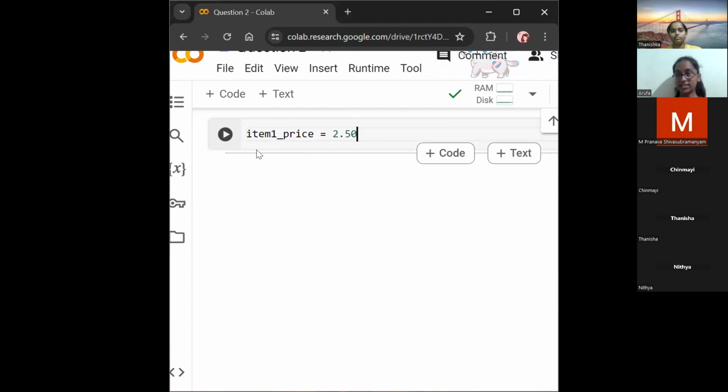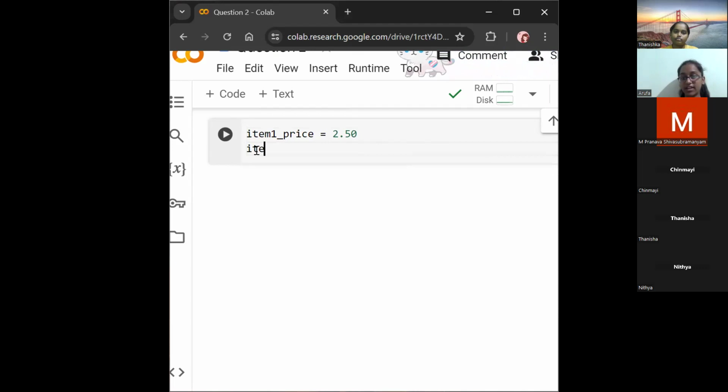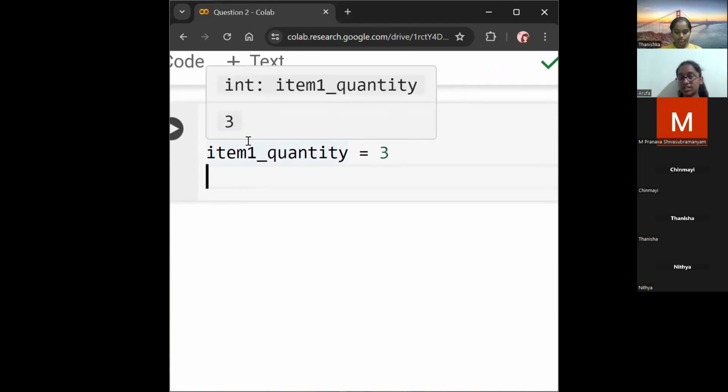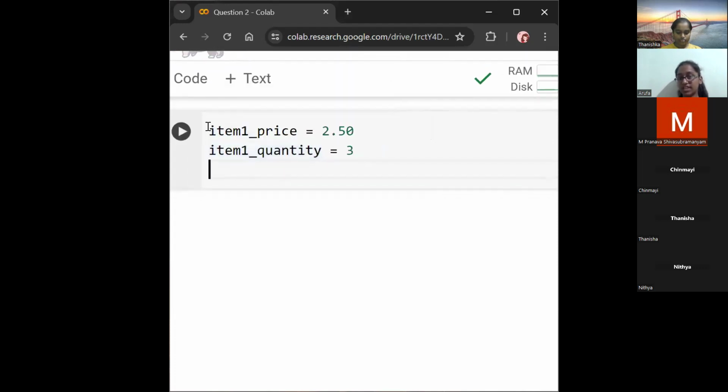Then quantity is something which can be measured. So we'll write item 1 quantity equals 3. Here in these 2 lines, first we gave the price for item 1, that is 2.50, and the quantity 3.